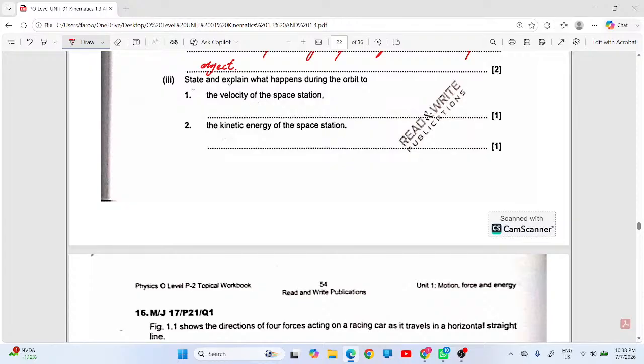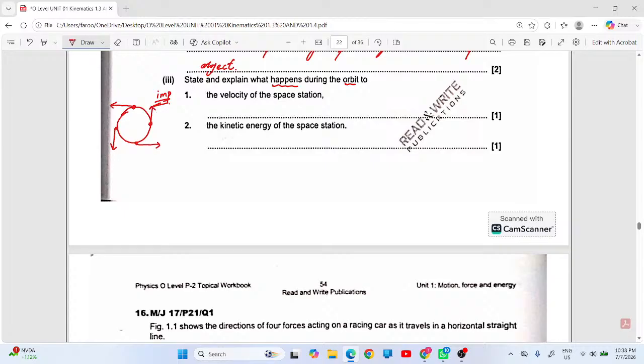Next is: state and explain what happens during the orbit to the velocity of the space station. Is it constant or does it remain the same? We did this yesterday too. Whenever it is moving in a circle, the direction of velocity is continuously changing.